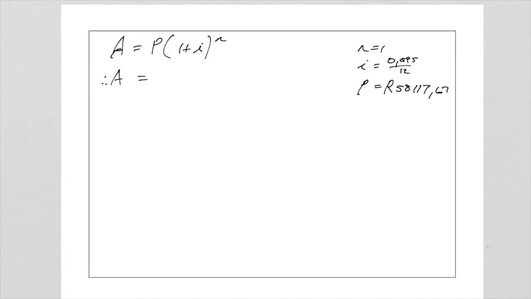So we will get this 58,117.67, and we will multiply this with 1 plus i, which is 0.095 over 12, and we're going to do it for only 1 month. So now use your calculator and please check your answer.